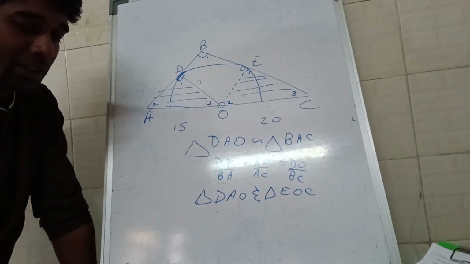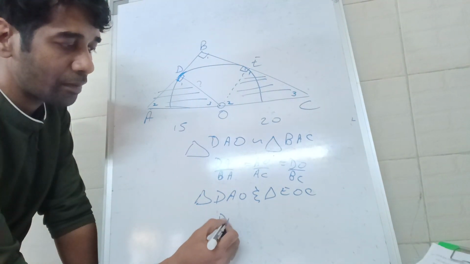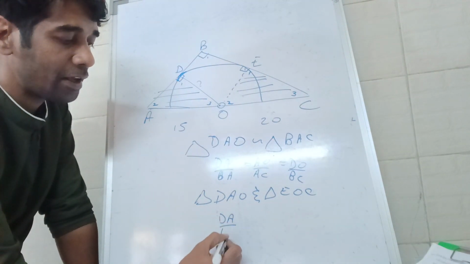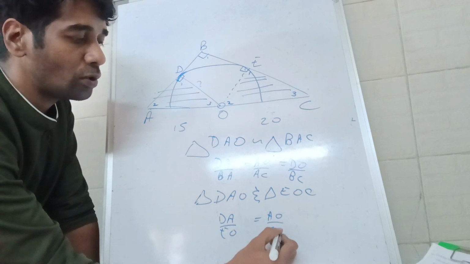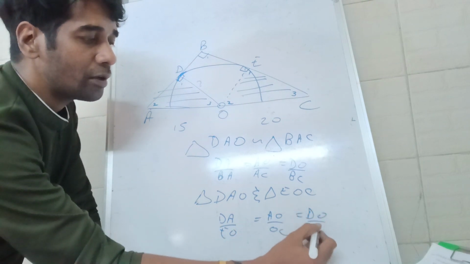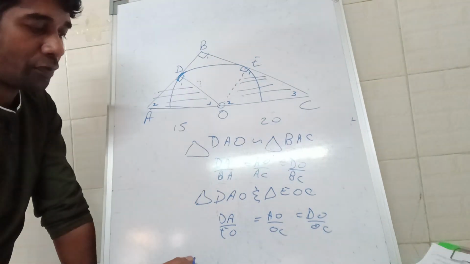By the angle test, now take the values: DA upon EO is equal to AO upon OC equals DO upon OC. Put the values for each.